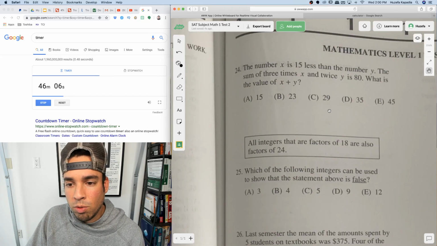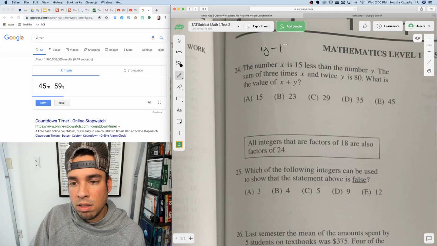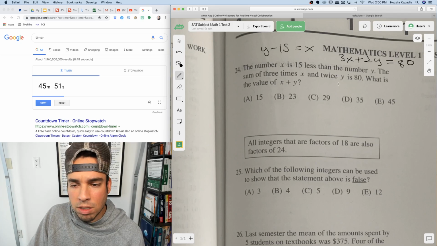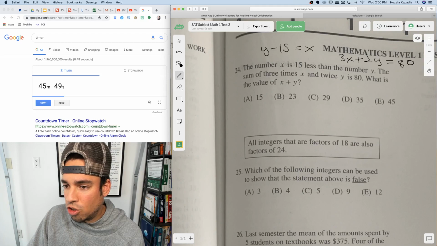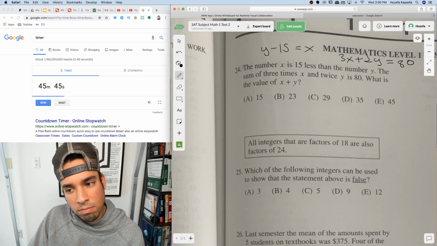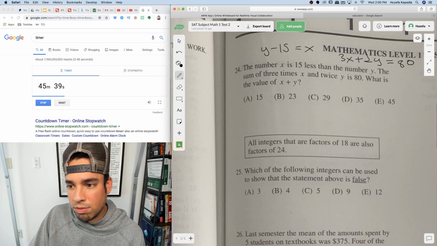Number 24, the number x is 15 less than the number y. So 15 less than the number y is x. The sum of 3x and 2y is 80. What is the value of x plus y? Let's do a little substitution. So we've got a system of equations, and I'm going to substitute in y minus 15 for x.